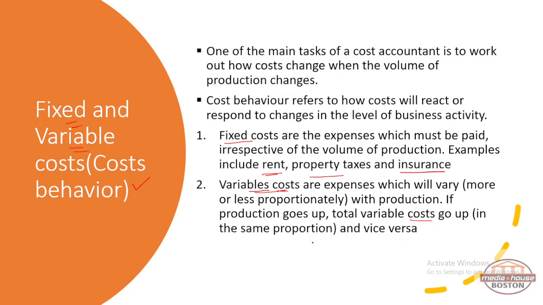So variable cost will include things such as direct material, direct labor, and direct overhead cost. In terms of overhead cost, I'm referring to machine cost.